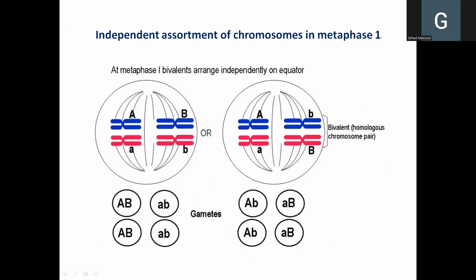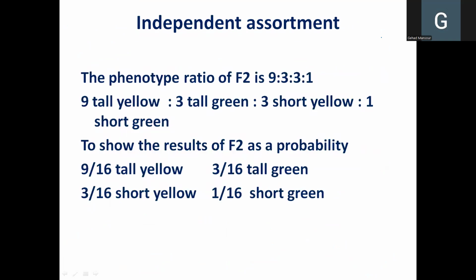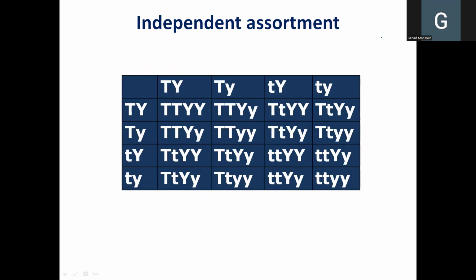So how did the dihybrid cross prove the independent assortment? Let me first show you the Punnett square for the independent assortment. So if I have a plant that is hybrid for both, so T capital, T small, and then Y capital, Y small, hybrid for the height and hybrid for the yellow seeds, then in such a case, there are 4 possibilities for the gametes.